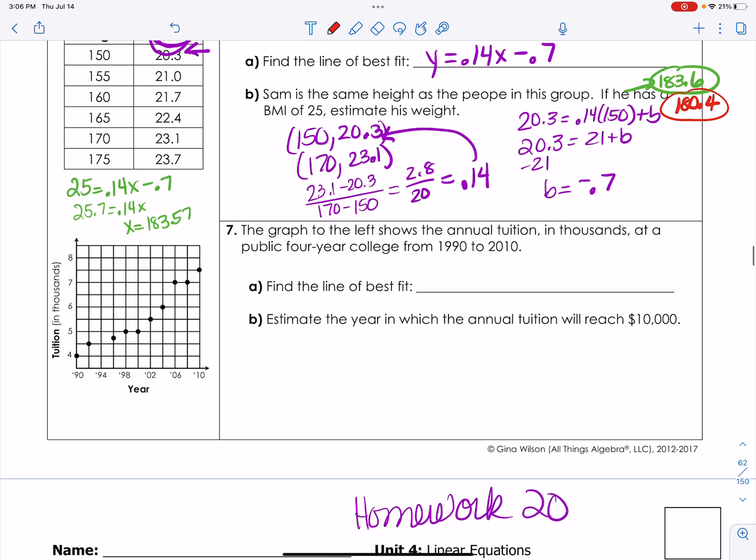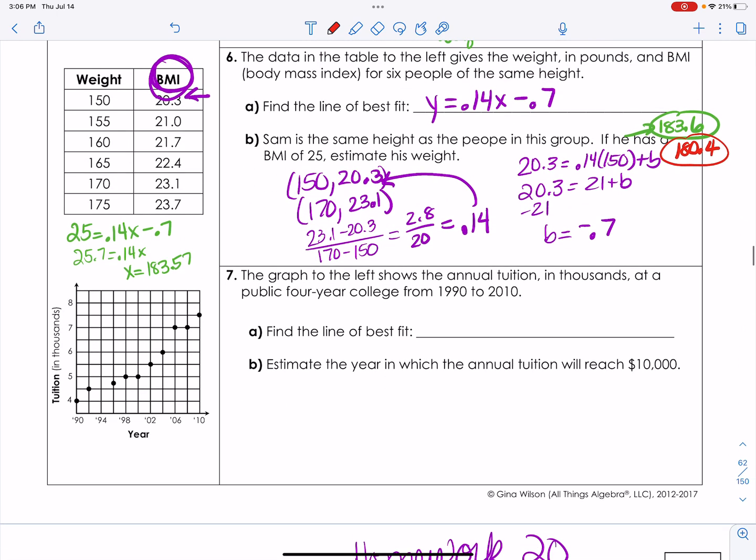On the next one, this is a tad bit easier because if you look to the left, the graph is already made. So all you have to do is find the line of best fit. You're going to take your pencil. You may mess around with it. I might want to move it down a little, or maybe up a little.